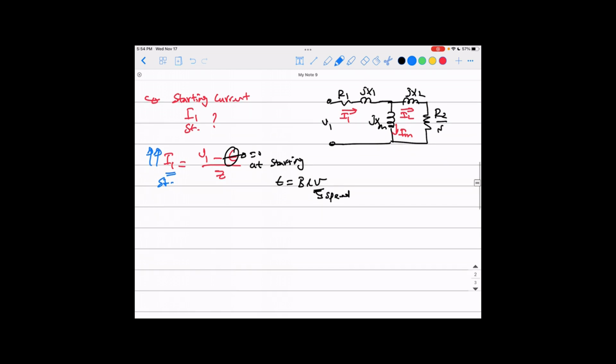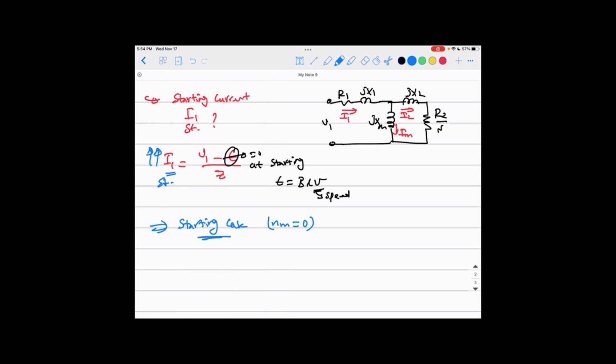What about here? How can you calculate the starting current for a three-phase induction motor using the equivalent circuit? It's very easy. To find the starting current, consider the starting case of the machine, that means the mechanical speed equals 0, because at this instant the machine just didn't rotate yet.